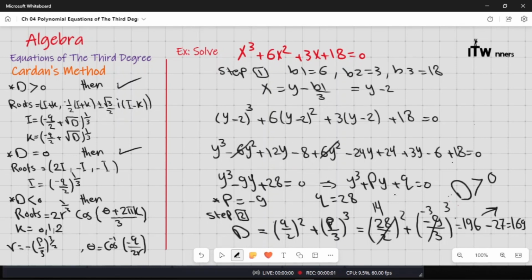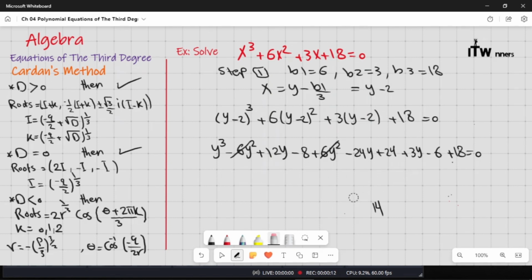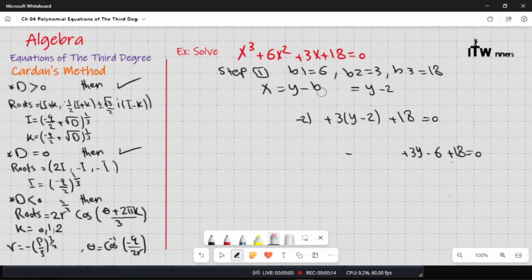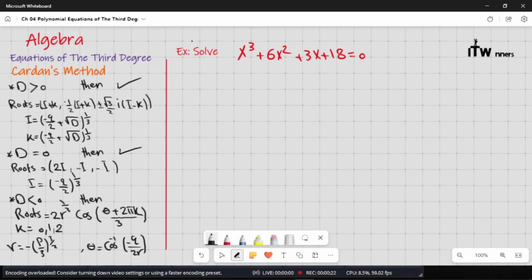So just remove that and rewrite our equation in y. We know that we are in the first case, so we have here y cubed minus 9y plus 28 equal to 0.